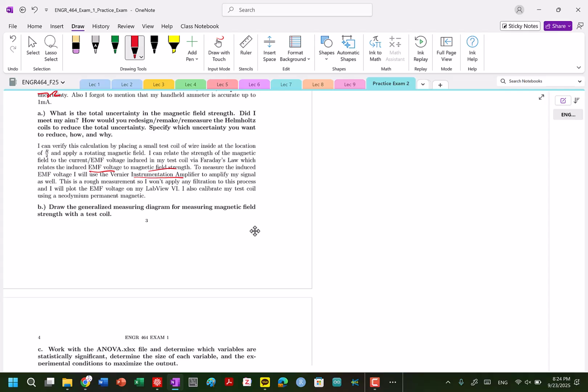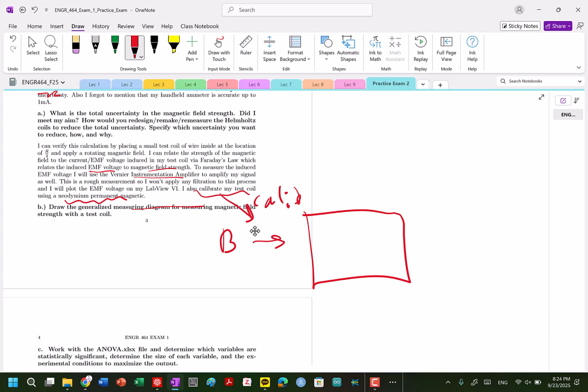So we have to go and see what our measurand is. We want to figure out the strength of the magnetic field, so I want to measure my B field. There's a calibration step, and that calibration is right here using that permanent magnet. So I calibrate, and then I go to the first stage, which is sensor transduction. I'm trying to measure a B field.